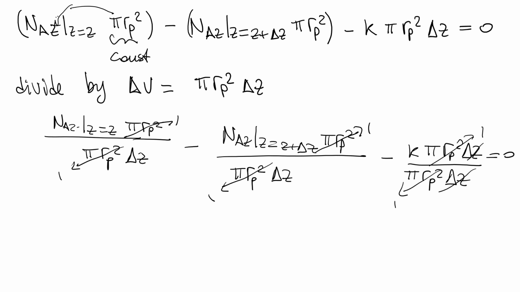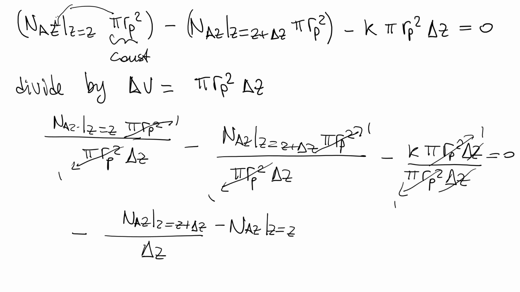So we can write this as negative, and now in a second we're going to see why that makes sense. Negative NAZ at Z equals Z plus delta Z minus NAZ at Z equals Z minus K equals 0.